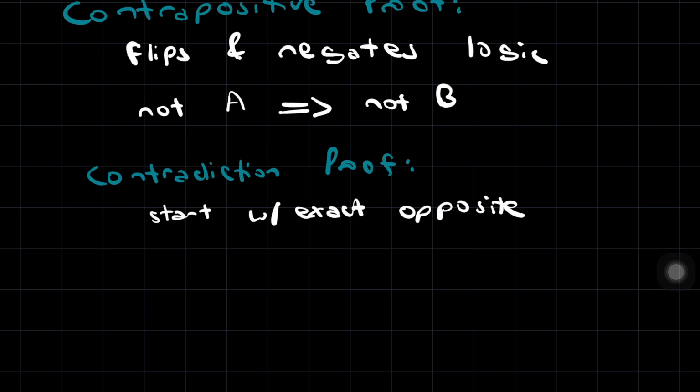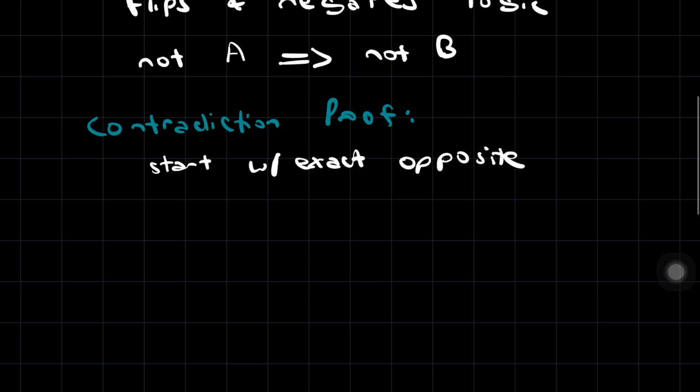Then you take that false assumption and start walking forward with it, treating it like it's a regular accepted rule of the problem. If the assumption is genuinely false, it will eventually cause a train wreck in your logic. It will force you to declare something completely impossible. So eventually, you're going to expose a flaw in the opposite direction.